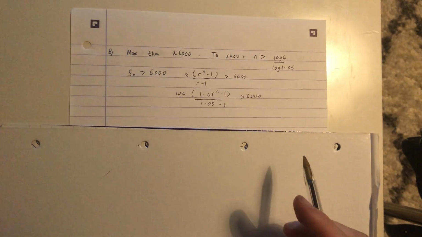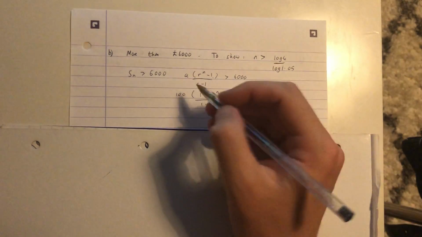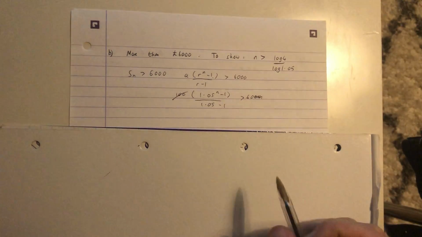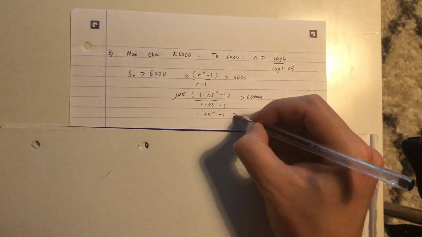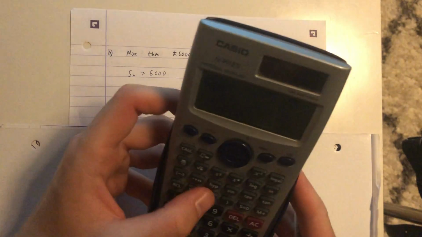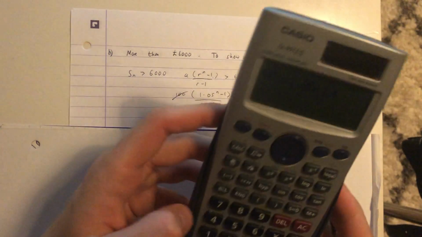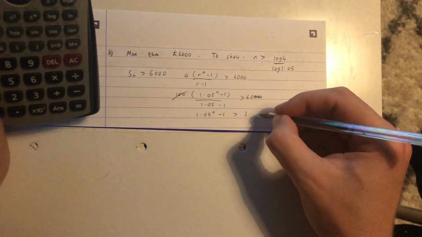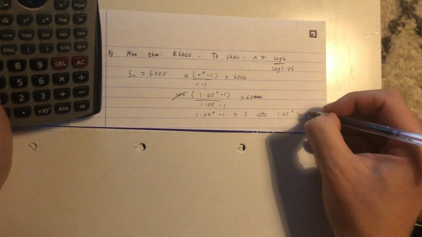Now if you start to make the index form the subject, for example, you could divide by 100, chop those two zeros off, and then times by that denominator, so 60 times by 1.05 subtract 1, which is 3, to give you 1.05 to the power of n is greater than 4.